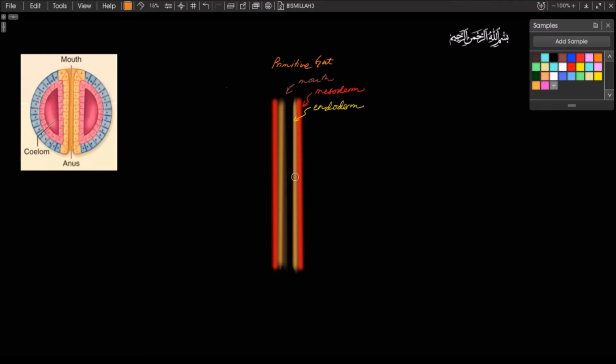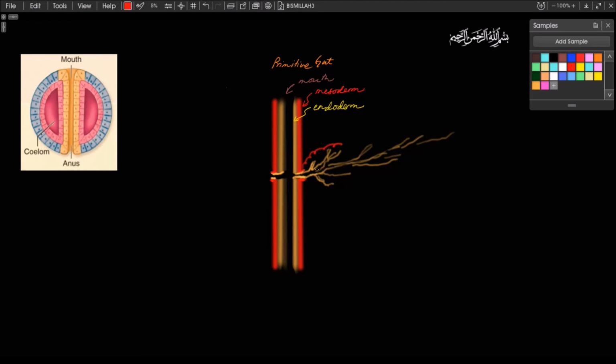So if you can imagine, like over here, the endoderm kind of pouches out like this. And the mesoderm, of course, just follows like that. So here we have the endoderm pouching like this, and the mesoderm just following along like this. And this endoderm outgrowth is just going to keep growing and dividing and branching out like this.